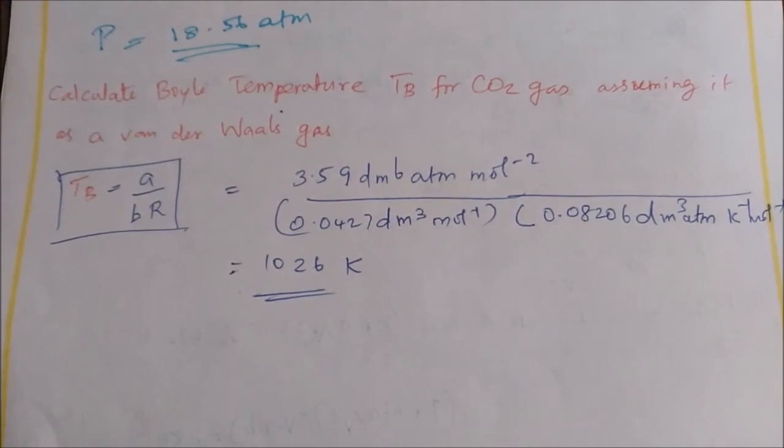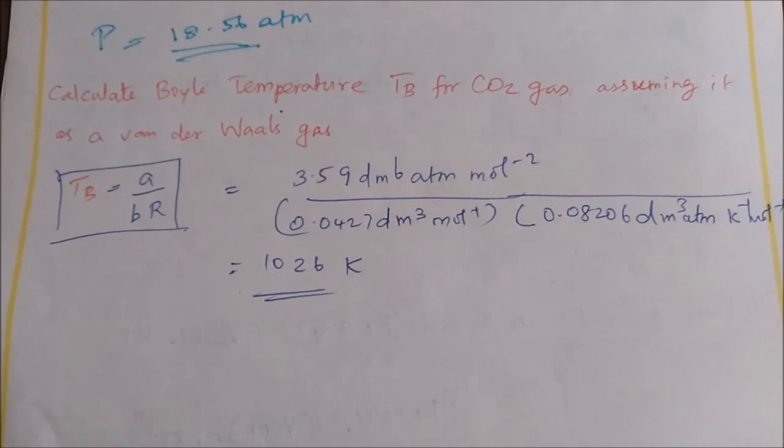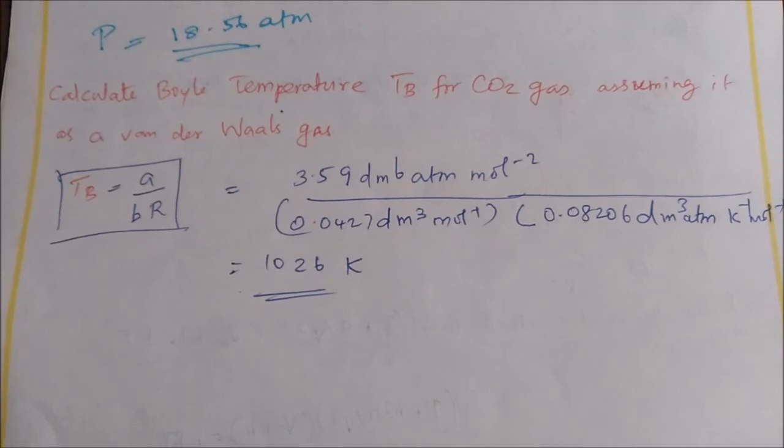And Boyle temperature. It is not boiling temperature, it is Boyle temperature. And we should know the formula. There is a relationship, Tb is equal to a by bR. So what is Boyle temperature?